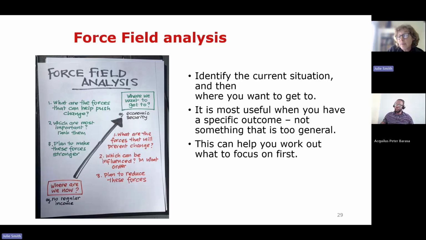Then you think about what forces can push that change to happen and what forces are stopping it. In the green pen, you've got the positive forces that might push the change, and in the red, the negative forces that might stop it. Then you think about what could be influenced to either push that change along or stop it from happening.